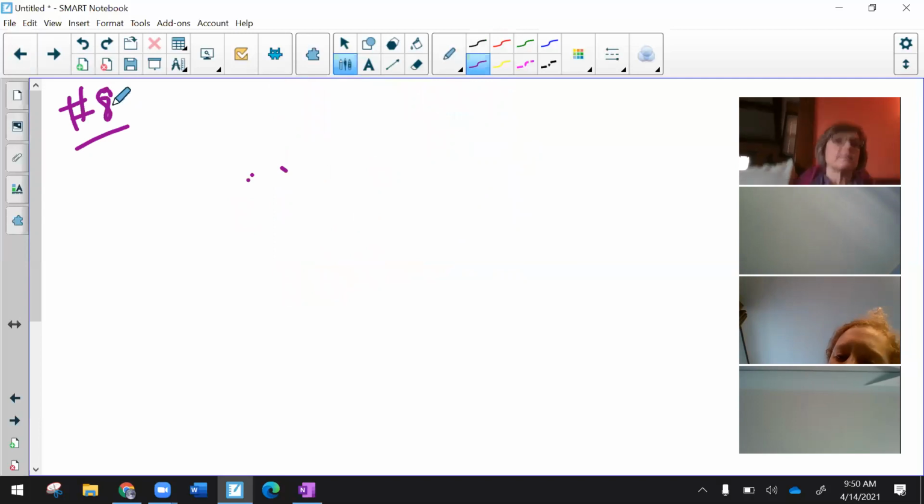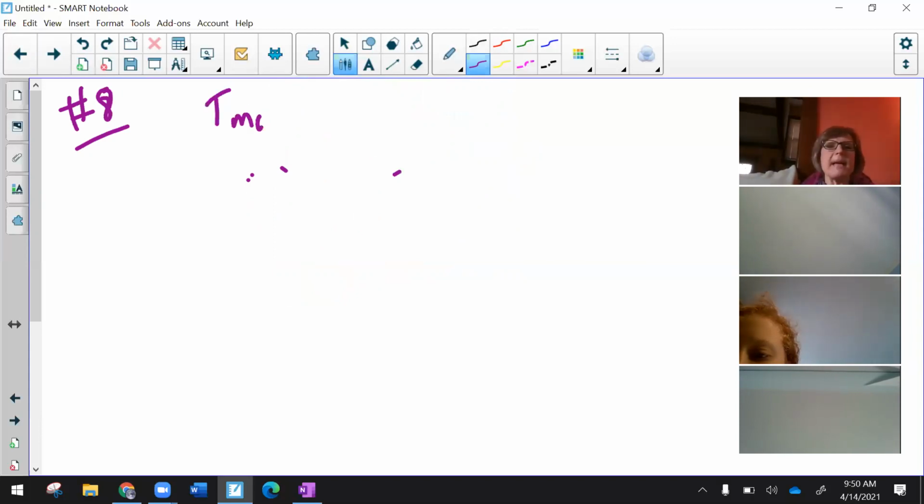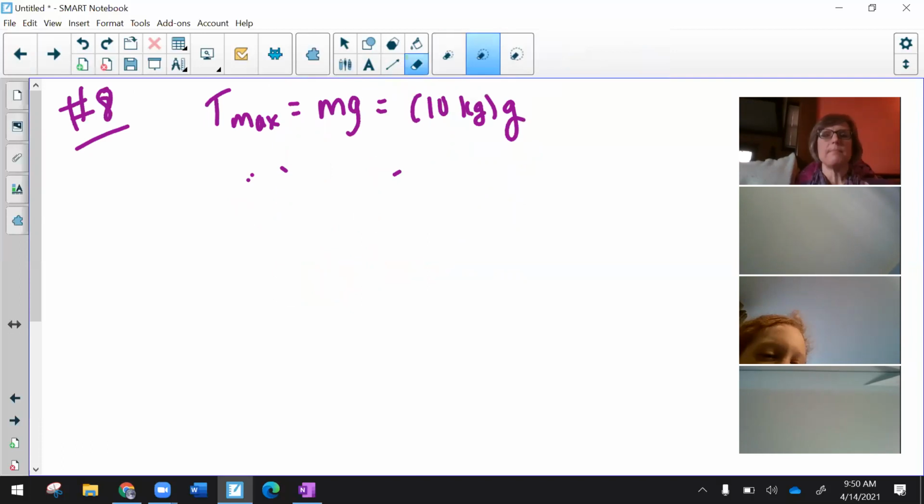Number 8 says the maximum mass that can be hung vertically from a string without breaking the string is 10 kilograms. So that means that my maximum tension is equal to that weight, or 10 kilograms times g.